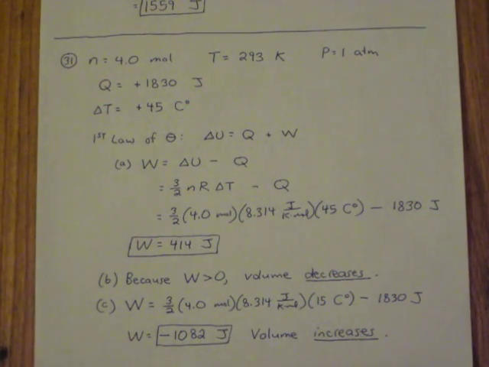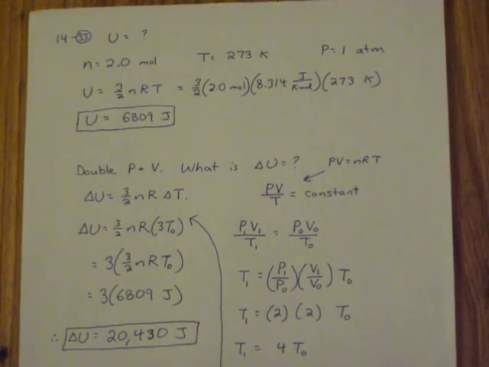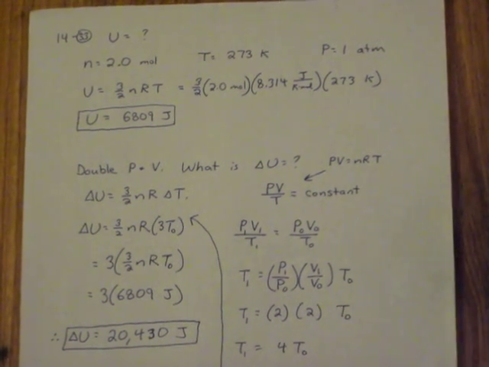Next, we'll go to number 33. Okay, so for number 33, it says find the internal energy of 2 moles of argon, which is a monatomic gas.